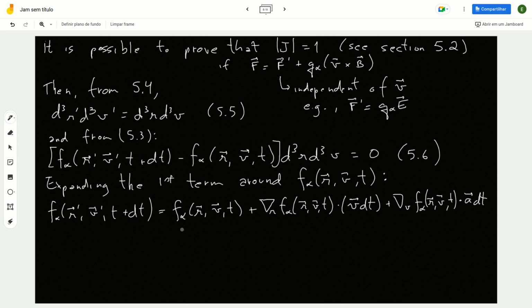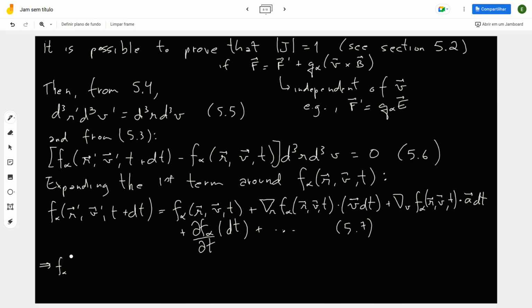Plus the derivative in relation to time of dt, plus higher order terms. In this case, if we drop the higher order terms, this is 5.7. Just move this to the left.